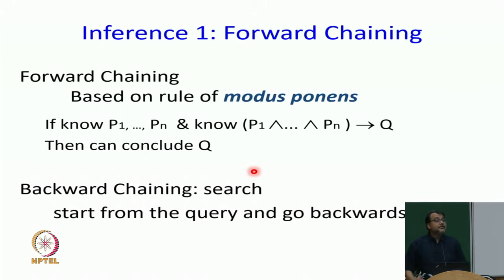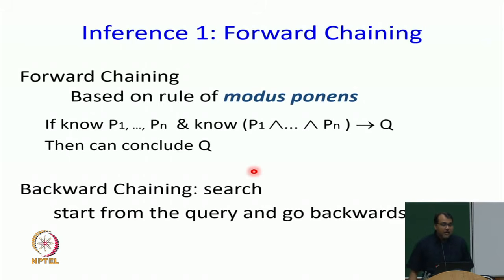Now this rule, if you apply appropriately and prove new things, this is called forward chaining. I am starting with what I know and using this rule to prove new things in the forward direction. There is always a backward version of things, like you had forward search, you had backward search, and then you had bidirectional search.